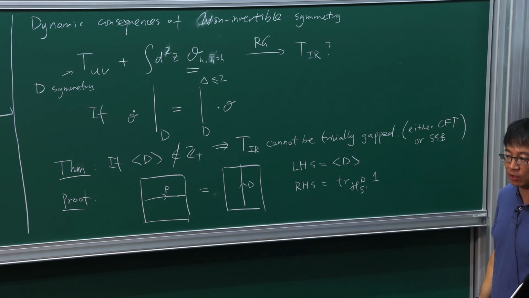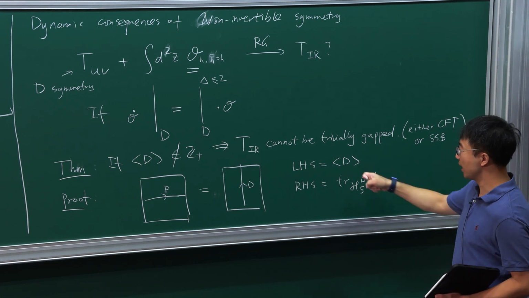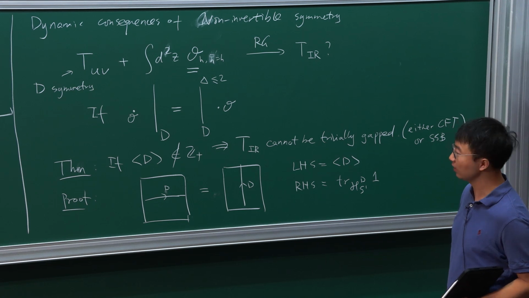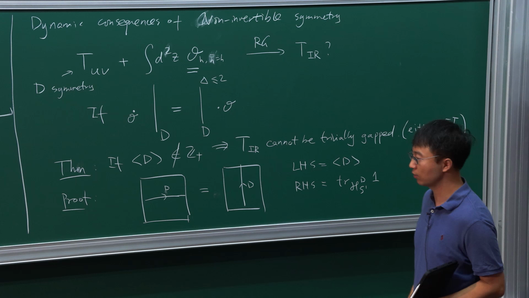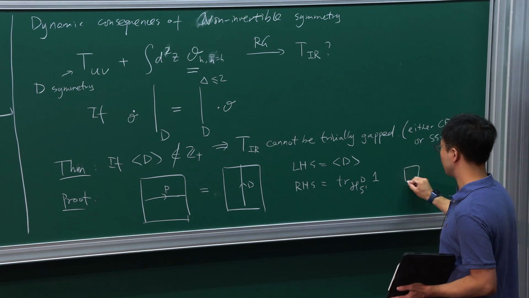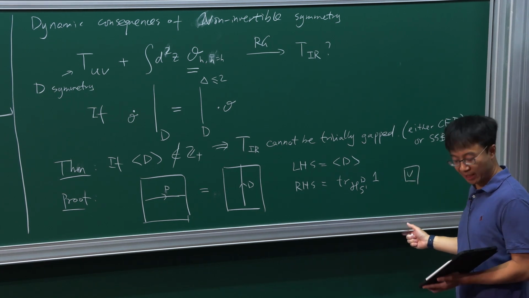Because there's a trivial Hamiltonian. And the equality between these two equations says that D has to be a non-negative, or has to be a positive integer, okay? And that's a contradiction to this condition. Okay? So we have proved the statement. So indeed, the IR phase cannot be trivially gapped.